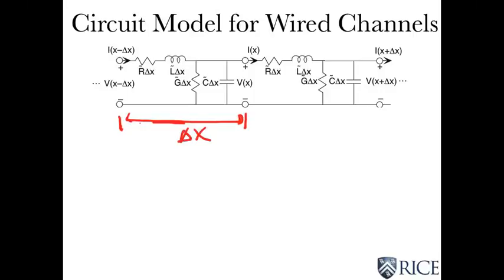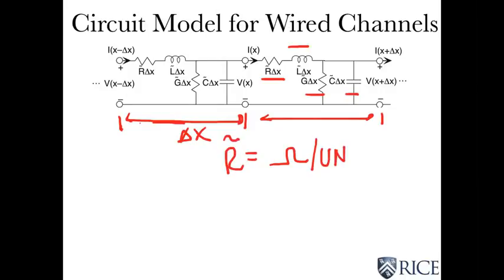Each section of coaxial cable is described by a resistor in series with an inductor, and then there's a parallel chain of another resistor and a capacitor. Now you notice the tildes over the R, L, G, and C. R tilde is resistance per unit length.